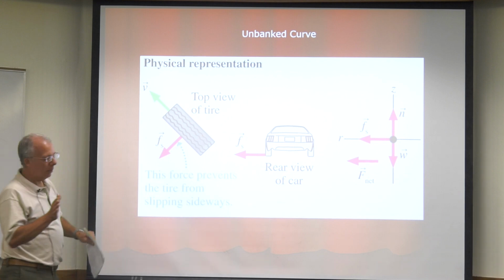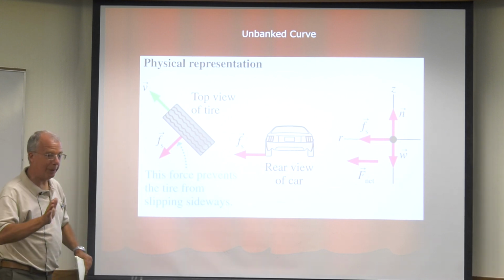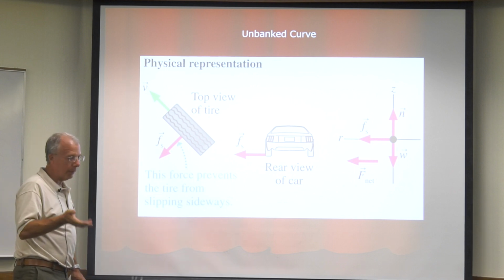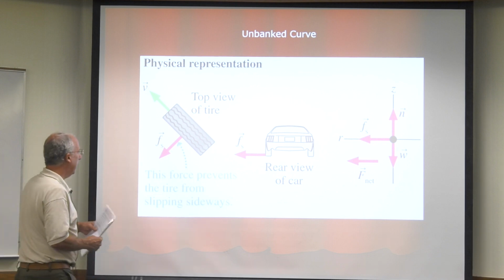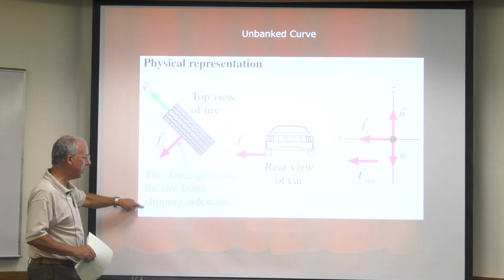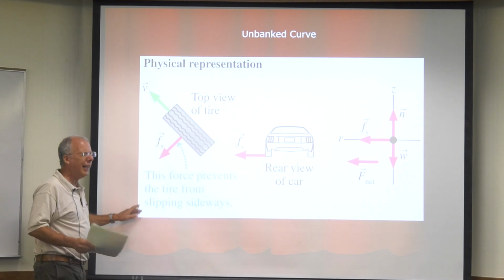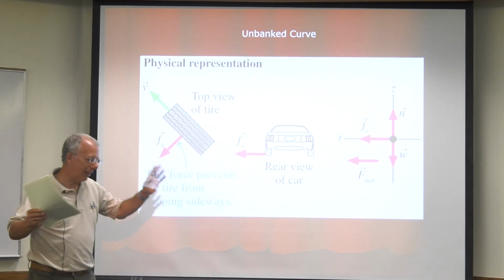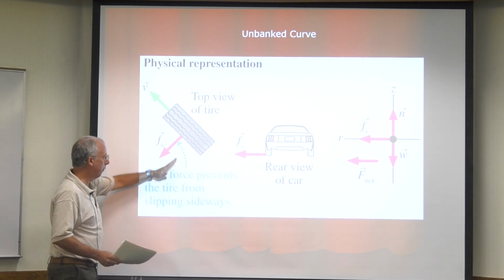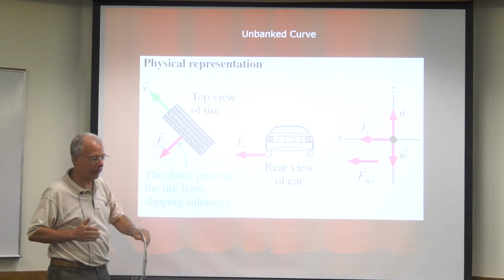By the way, we're making circular turns just to keep it easy, because we want to use what we're learning about uniform circular motion. The frictional force prevents the tire from slipping. If you think of driving on ice, you wouldn't have that force, so you wouldn't make the circle. You'd just go straight.